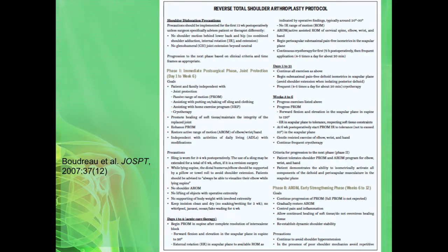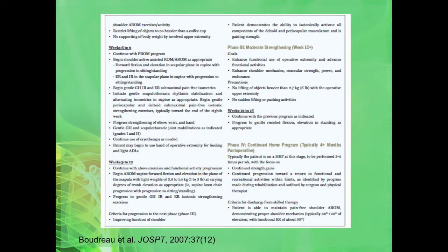This, again, was a study by Boudreau, giving you some reverse total shoulder arthroplasty protocols, progressing from Phase 1, which is right after surgery from day 1 to week 6, all the way to what we just called the advanced or moderate strengthening to the home program.